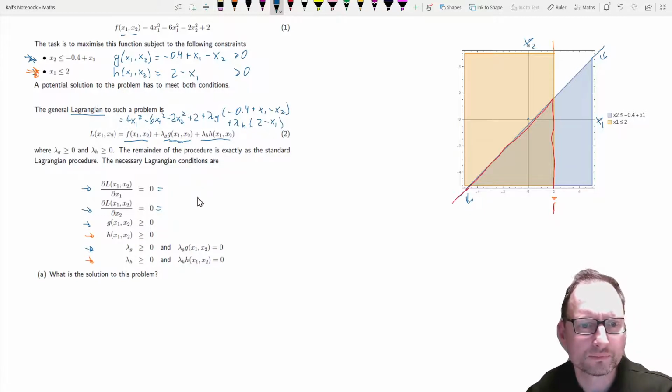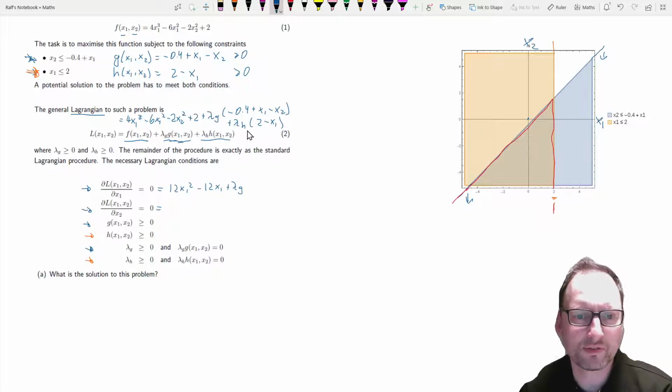So now we can write down the partial derivatives with respect to x1. That will be 12x1 squared minus 12x1, and then the next x1 is over here in the first constraint, so it's x1 multiplied with lambda g, so it's plus lambda g. And then in the second constraint we have negative x1 multiplied with lambda h, so that will be negative lambda h.